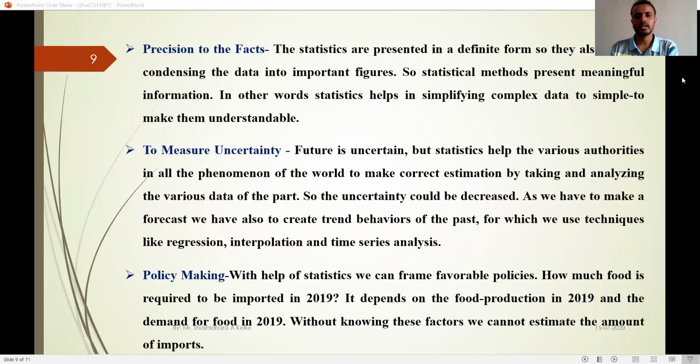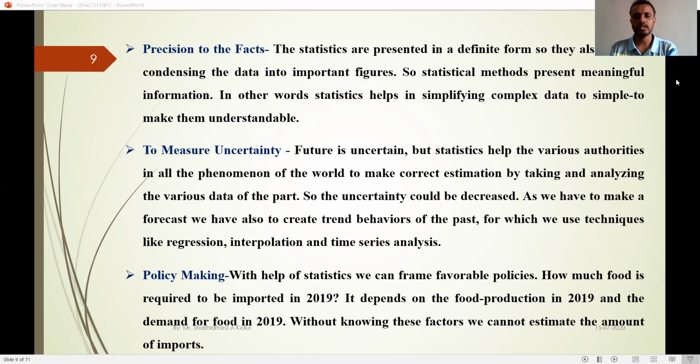The future is uncertain, but statistics helps the various authorities in all the phenomena of the world to make correct estimation by taking and analyzing the various data of the past.